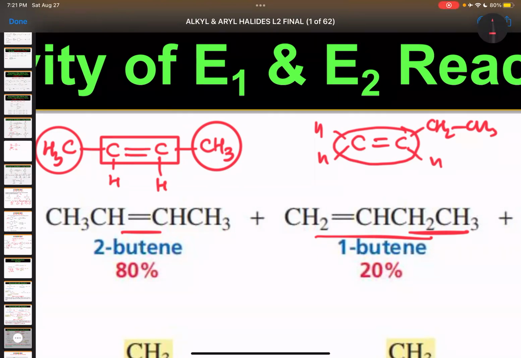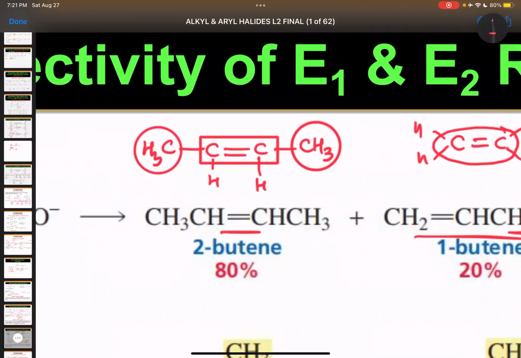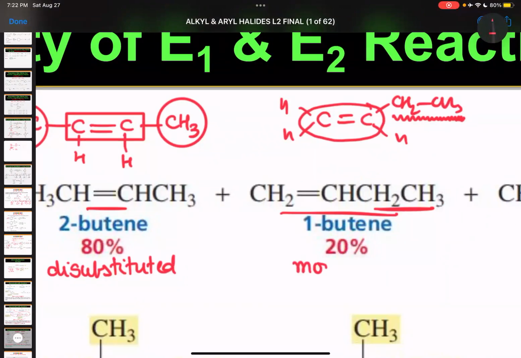On 1-butene, only one alkyl group, this one. So this is a mono-substituted alkene, singly substituted, and this one is disubstituted. And this is mono-substituted.